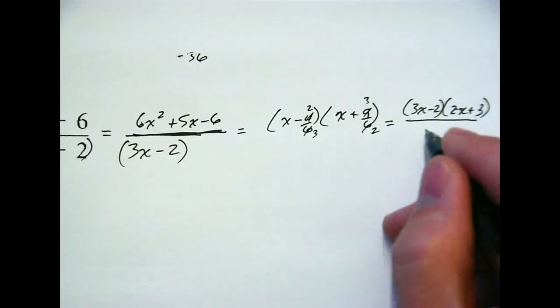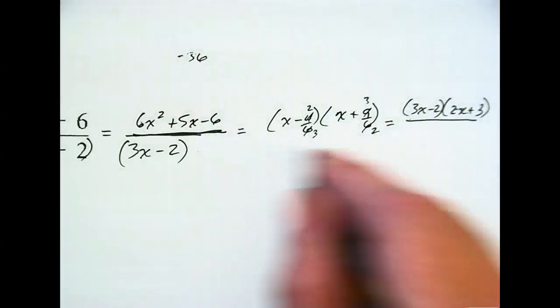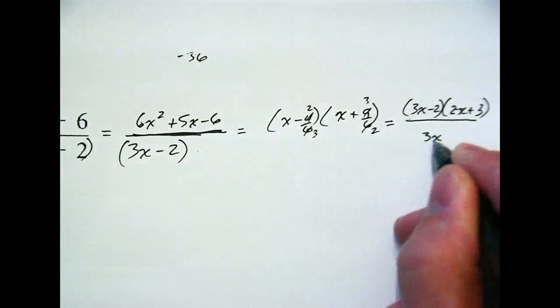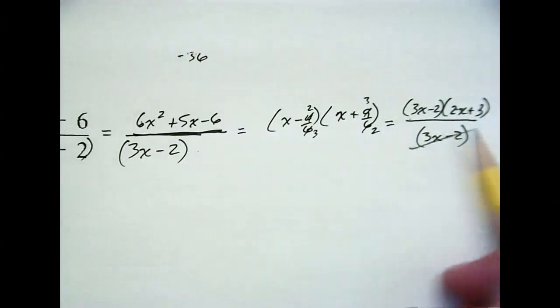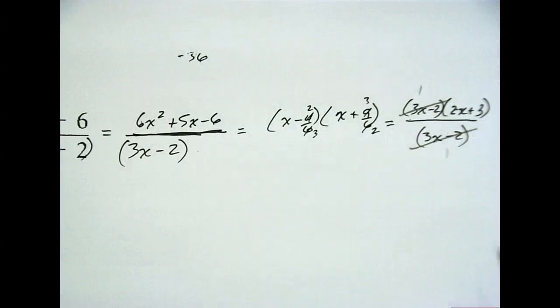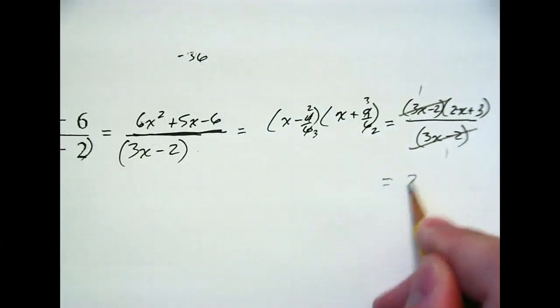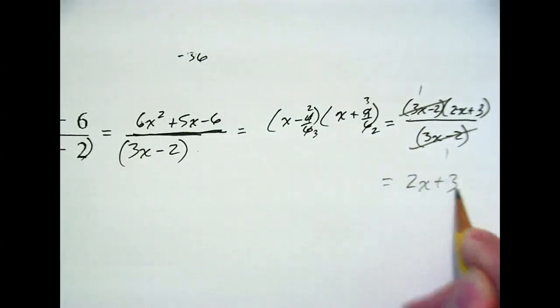And our denominator is still 3x minus 2. So then you just cancel, and the bottom is 1. So the answer is 2x plus 3.